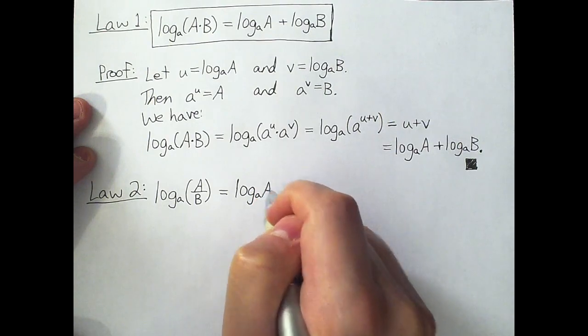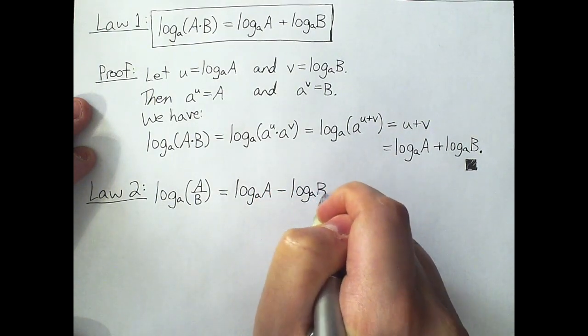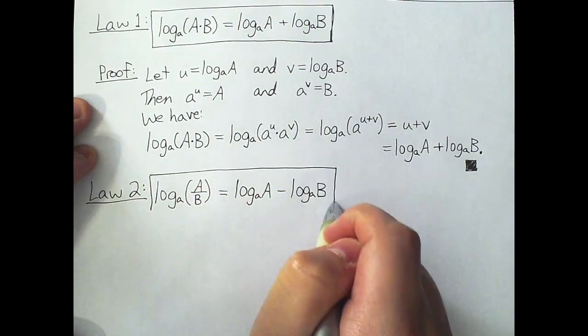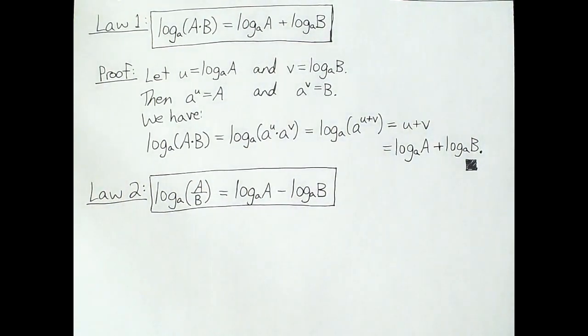It's actually going to equal this minus this. We're going to prove that this is true, but I'll give you a minute just to take a look at that. Does this seem plausible? Does this seem reasonable?